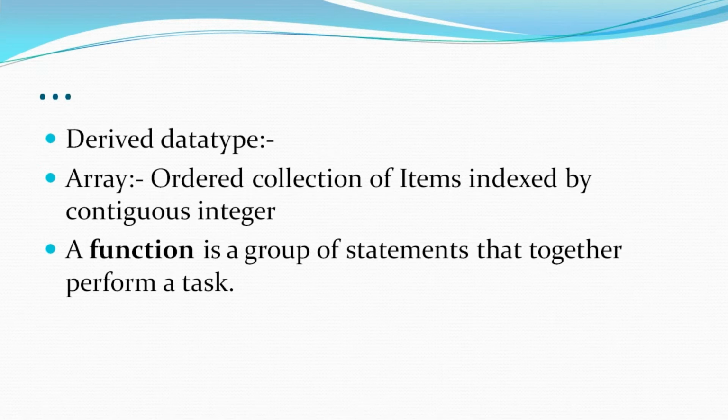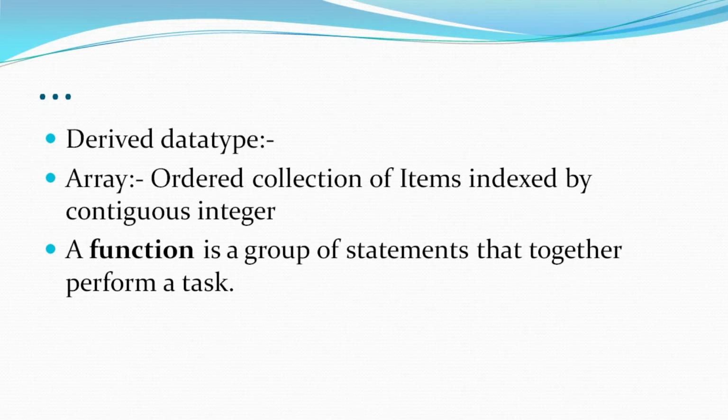First is array. What is an array? Array means an ordered collection of items indexed by contiguous integers. Suppose we define a char string that takes any value like A, B, C, D, E, F, up to 6 characters.